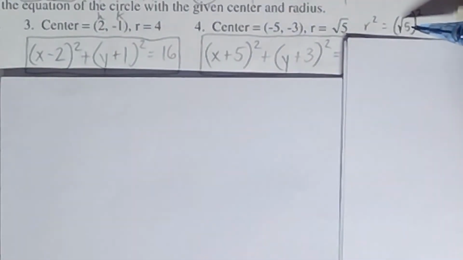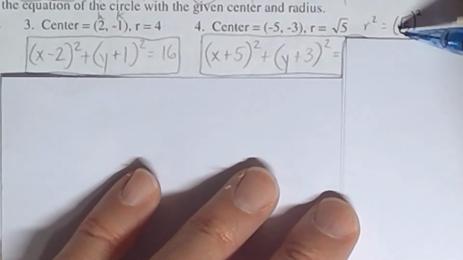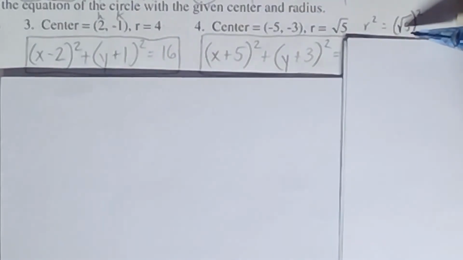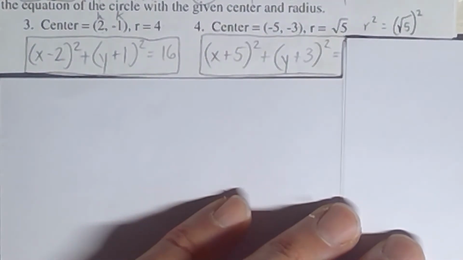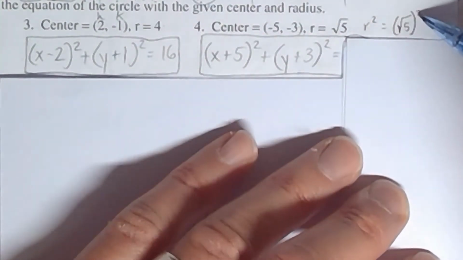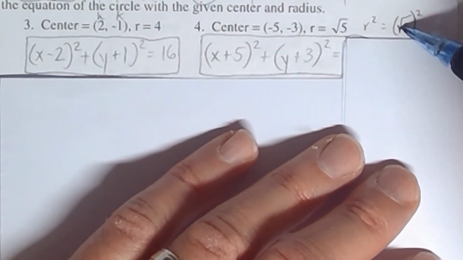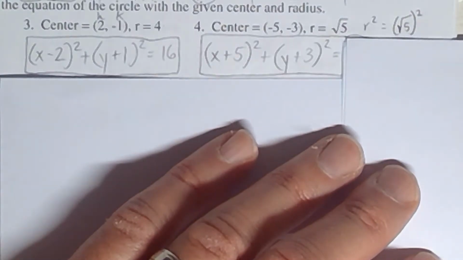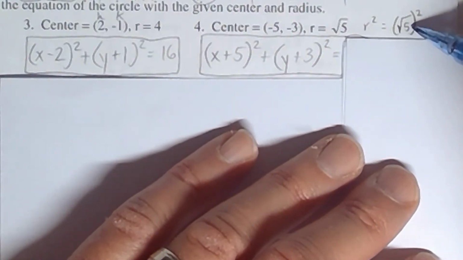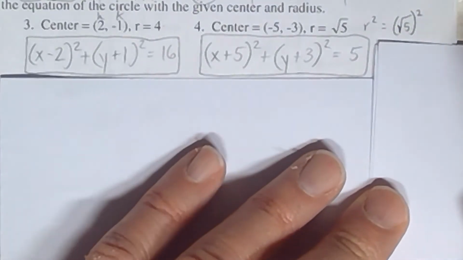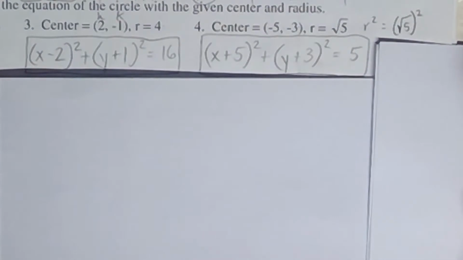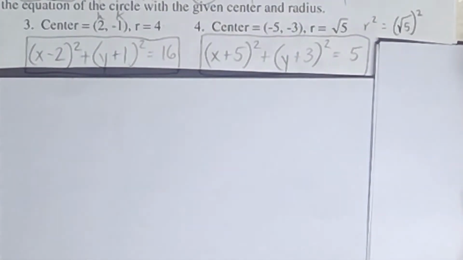If there's no negative on the inside, then when you square a square root, it's just equal to the inside of the radical. The square root and the square cancel each other out when you have a positive number on the inside. So it just becomes 5, doesn't it? Just like when we would square both sides of a radical equation, the radical cancels out. It's the same thing. So it just becomes 5.